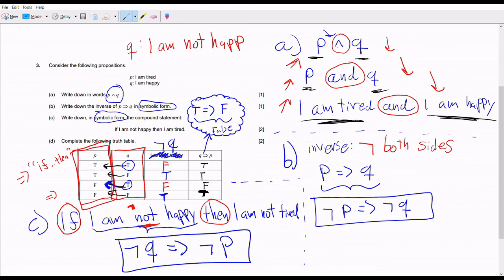Most of these problems are either going to be working down, like making the statement bigger, or like in part C, working up, or simplifying better said, as we group the words into statements, group the words into symbolic form. So that's the problem, and I hope it helped.